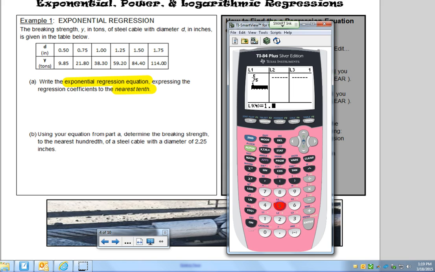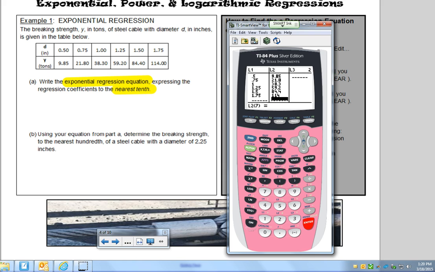That's okay. Okay, so just double checking that I did in fact type them in right. Looks good. Now we're going to go ahead and do our regression.